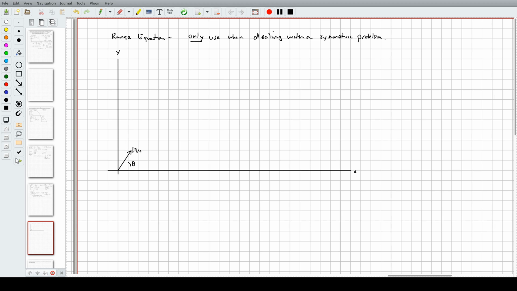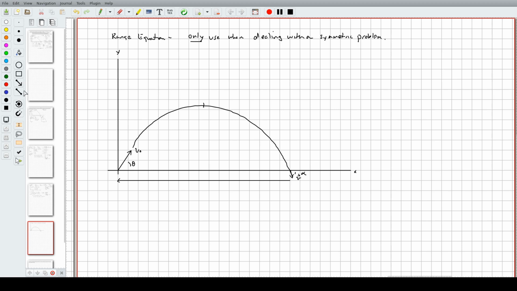So we already know that this thing is going to go up, hit a peak, and come back down. We don't care in this particular case about the final velocity, or the angle of impact or anything like that. What we want to find is just the range. That's the only thing we're looking for.